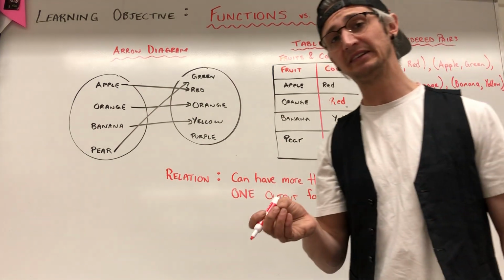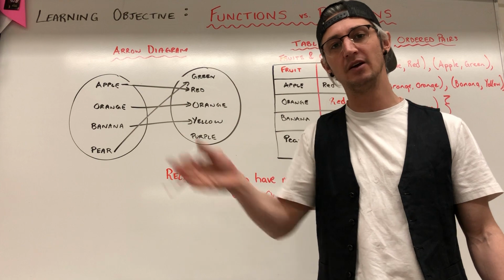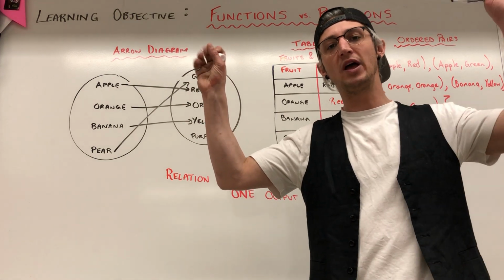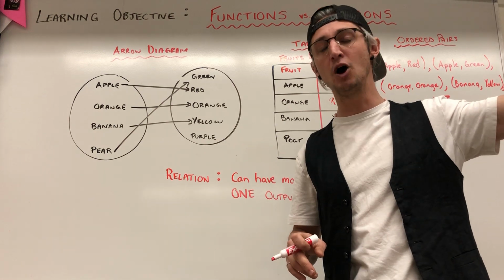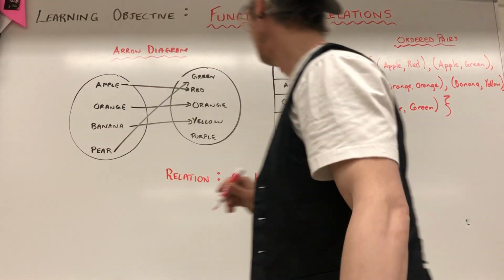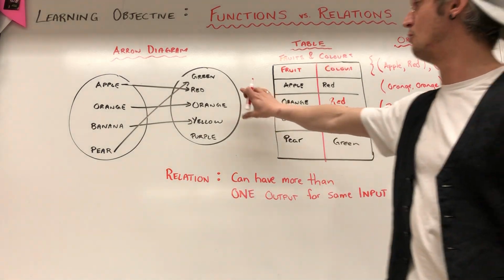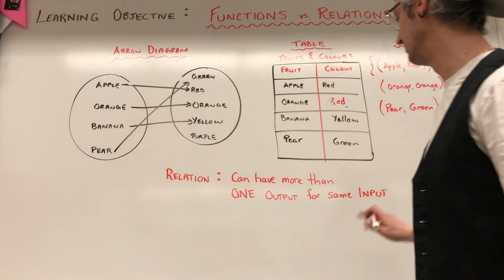If this was science, our input would be our independent variable, the thing that we're trying to see has an effect on our output. So our output would be our dependent variable. Our output depends on what we input, okay? Just like here, our output depends on what we input as the fruit. So input.